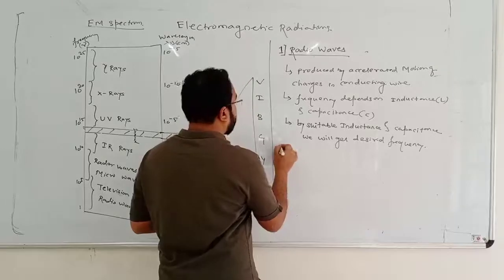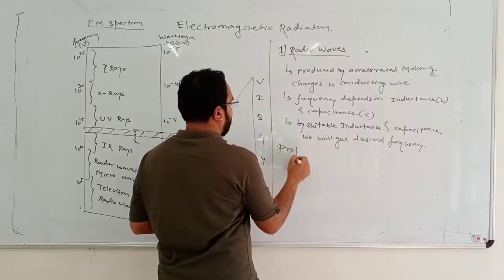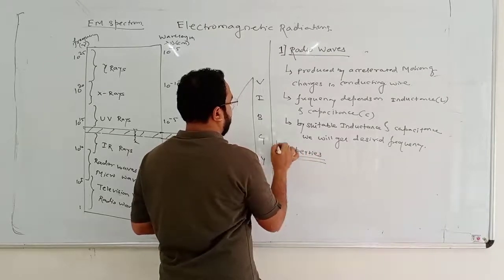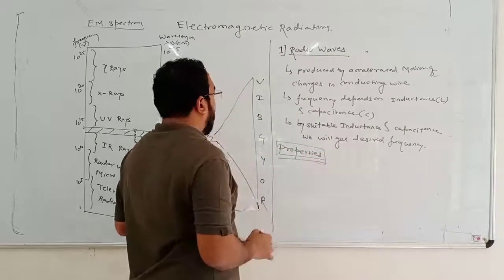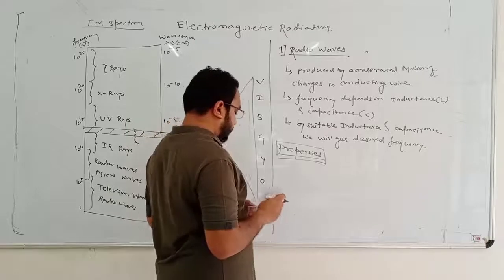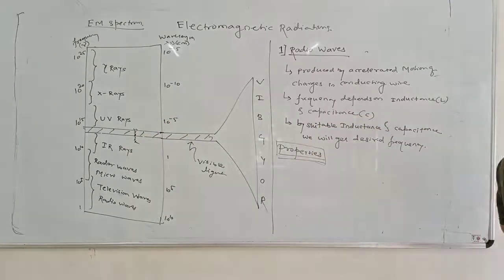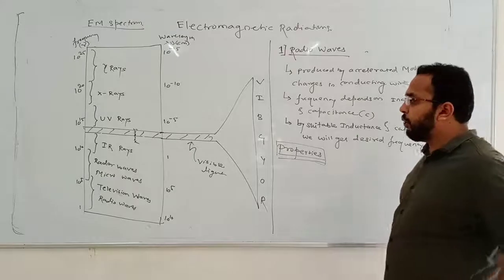Okay, now we'll see what are the properties of radio waves. So they are having very long wavelength, okay, from few centimeters to thousands of kilometers.